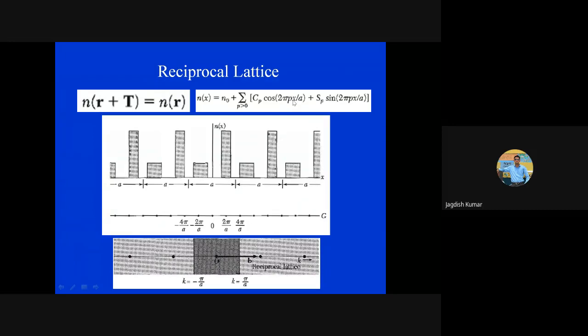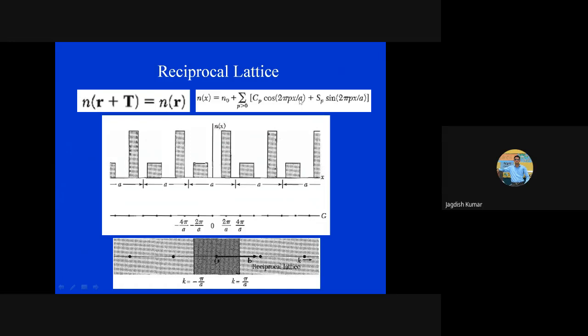I repeat, what values of the frequencies will appear in the Fourier series on the right hand side? So there will be one corresponding to 0, which refers to this constant term. Then there will be one term appearing when p is 1, that will be at 2 pi by a. This one we are representing.